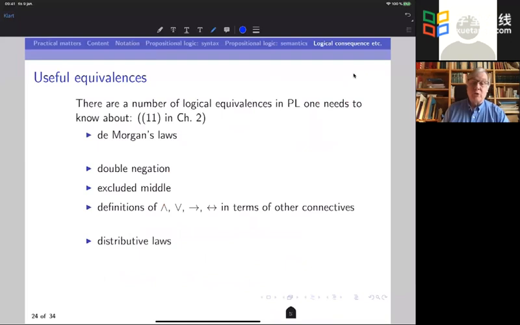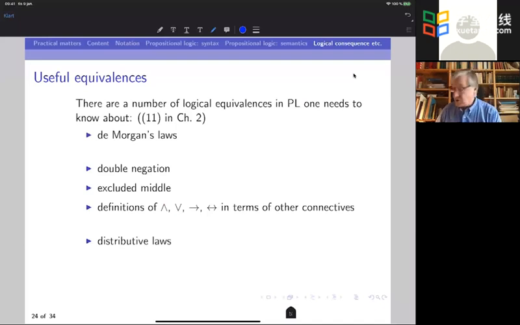Now that you have the notion of logical equivalence, there are some familiar logical truths and logical equivalences which one must know. I'm hoping you are familiar or you recognize most of them, but if not, they are listed in chapter 2 in the number 11, and take a look at those because they are going to be used all the time without much explicit mention. But let me just mention a few.